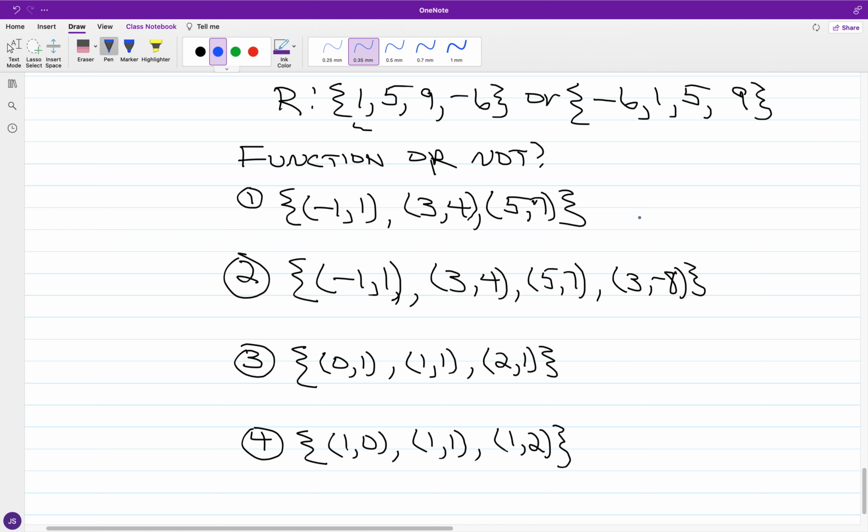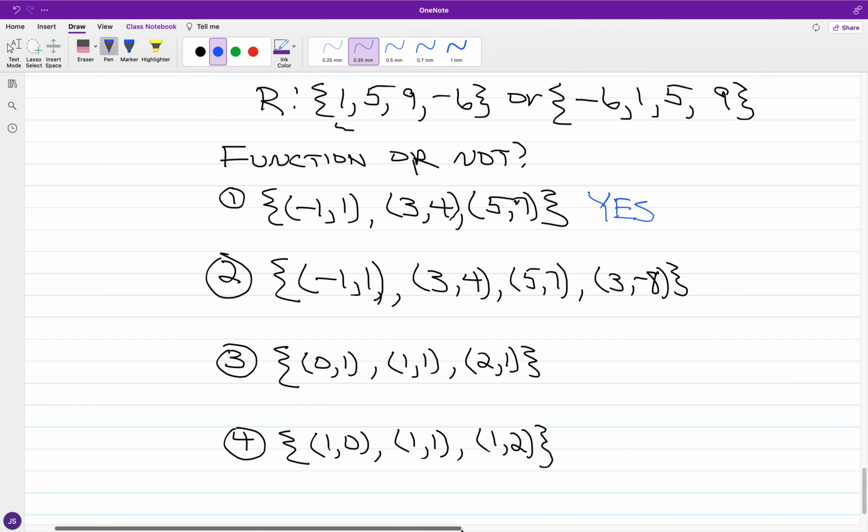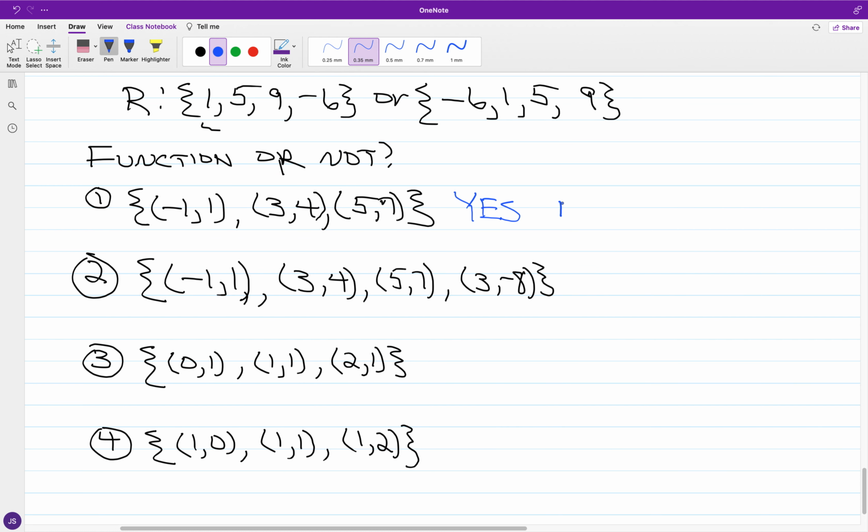So for this case, the answer is yes. And just a quick mention, for the domain, you're looking at -1, 3, and 5. Now for the range, you have 1, 4, and 7.